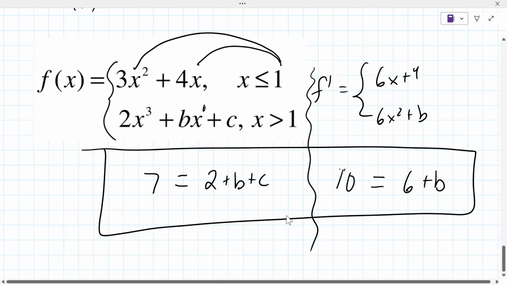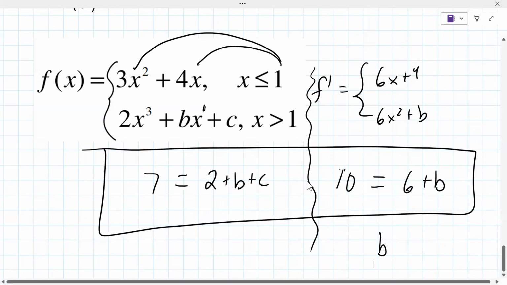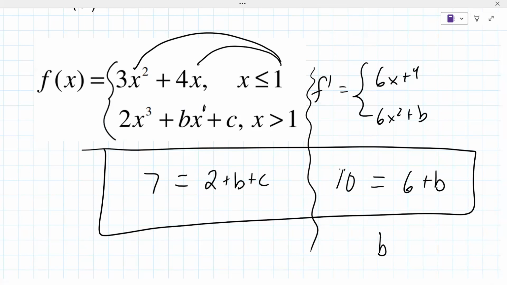So 7 equals 5... I got 5 minus 5 thirds equals c, but wait, what's the value of b? Isn't it 10 equals 6 plus b on the right? Yeah. Oh, so it's 4.